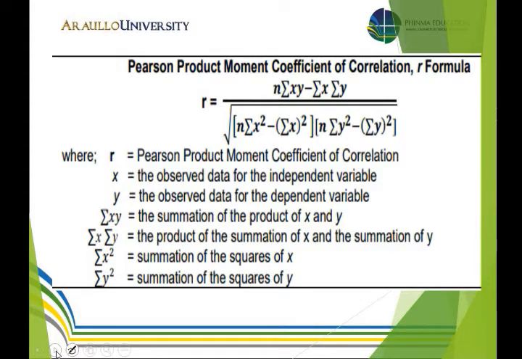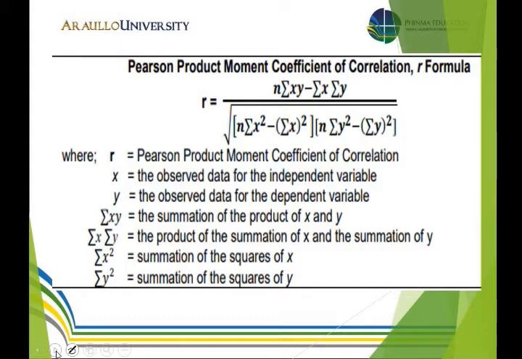Divided by, as you can see, we have the square root of n summation of x squared minus summation of x. So, kailangan natin din siyang i-square. And then next, y naman, which is n summation of y squared minus summation of y, and then we need to square also the summation of y.